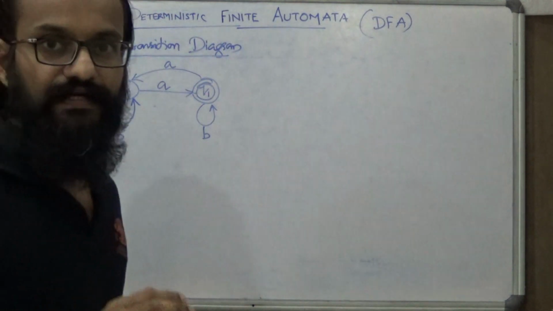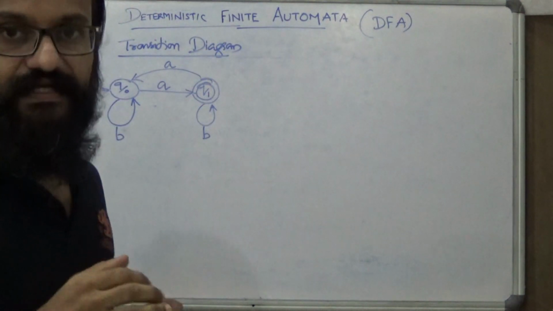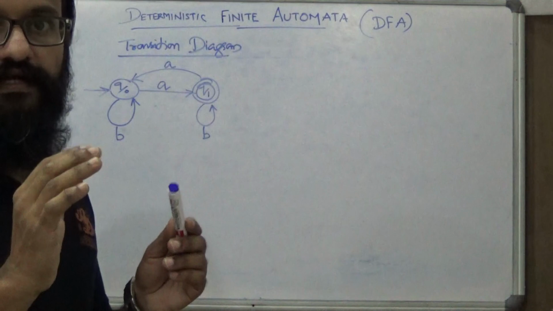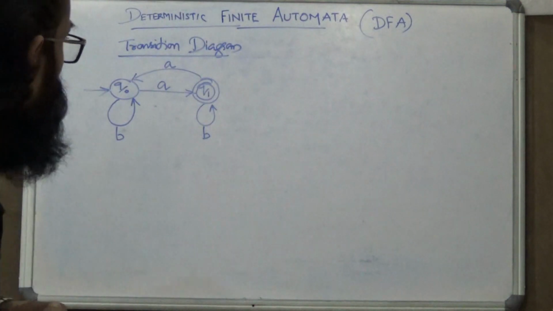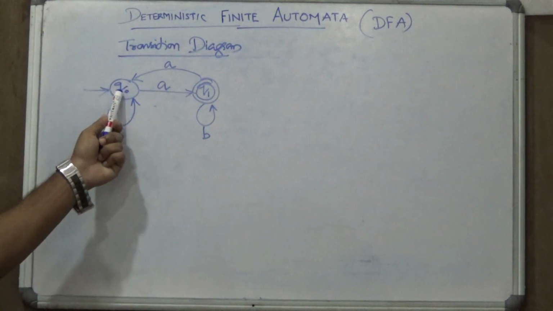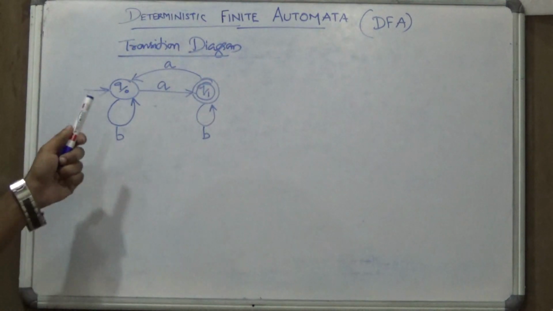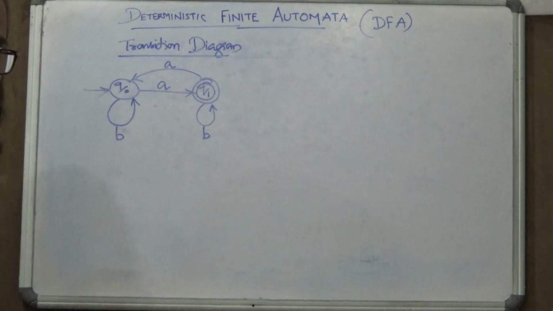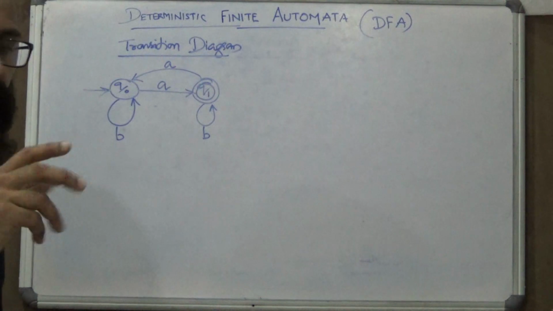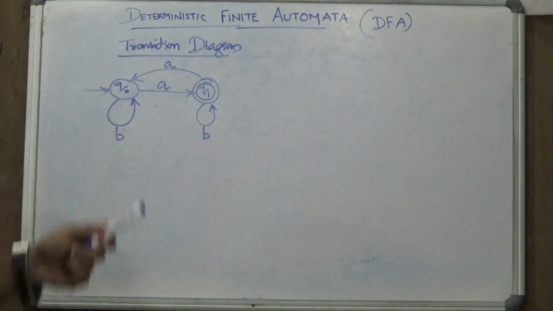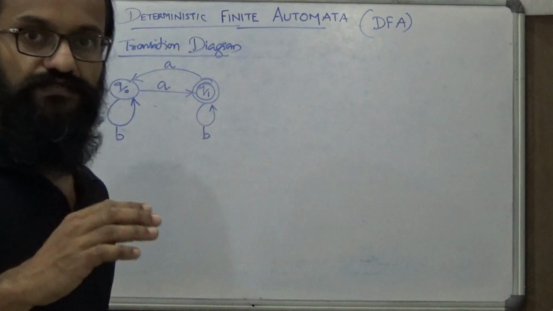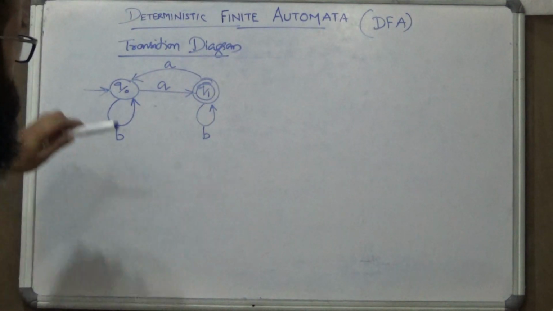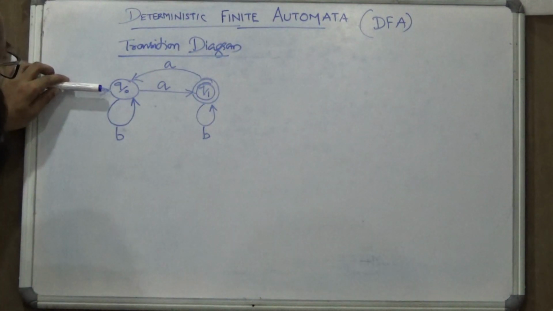This is what I meant by transition diagram. This transition diagram represents a particular DFA. Here you have two states, Q0 and Q1. Q1 is the final state because it is represented using a double circle, Q0 is a non-final state, and Q0 is the starting state because it has an incoming arrow from outside.